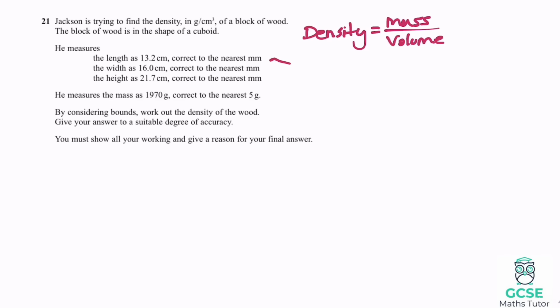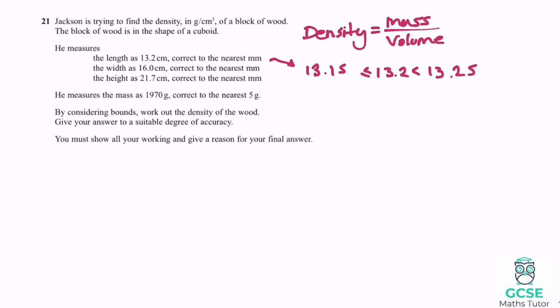So moving from the first one downwards, I'm going to stick that number in the middle, 13.2. I'm going to write all the error intervals here. So it's correct to the nearest millimetre, so that one there is going to be 13.25 for the bigger one, and 13.15 for the lower bound.